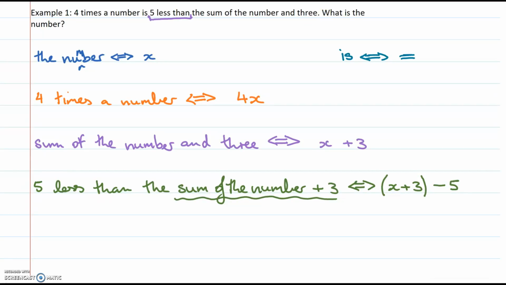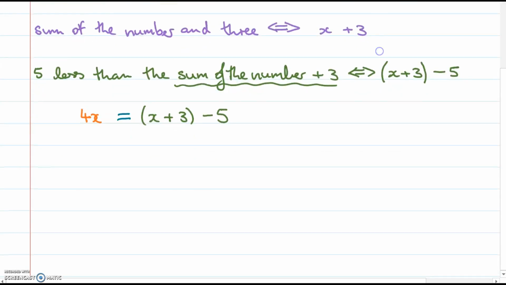That's going to give you 4x is 5 less than the sum of the number plus 3. That's the bit that we've got all in green down here. Okay, and that's the first part of our job done. We've taken an English sentence and we've changed it into math.